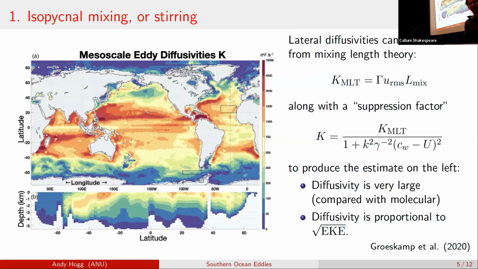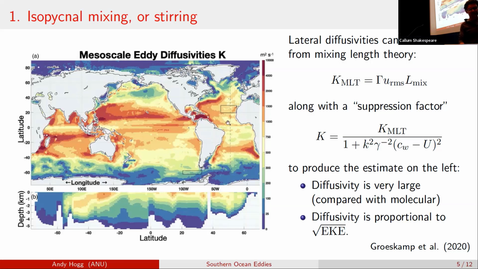Just to give you a feel for how much we know about this isopycnal stirring and how big it is, I've stolen an image from Groeskamp's paper from a couple of years ago, where they tried to do a calculation of just how big the diffusivity due to eddies along isopycnals is. And this, I think, is probably a similar calculation to the Sylvia Cole paper that Helen showed earlier.